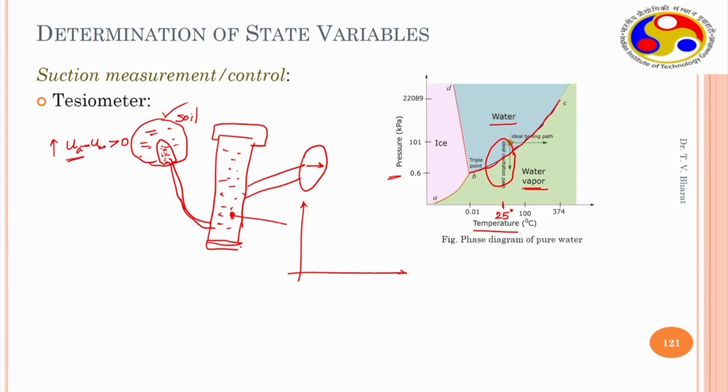If you consider the absolute water pressure Pw within this tube, it is decreasing with time. Initially it was at atmospheric pressure, and it decreases continuously.